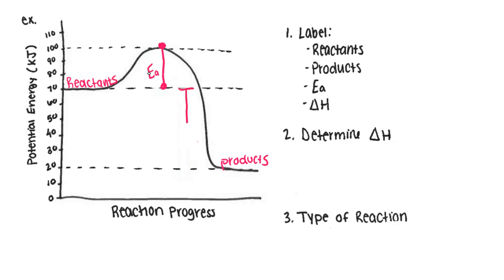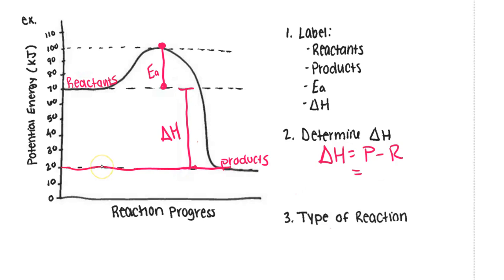Delta H is going to be the difference between the products and the reactants. Determine delta H. Whenever we're calculating our change in enthalpy, again, we always want to do products minus reactants. My products are at 20 kilojoules of energy.